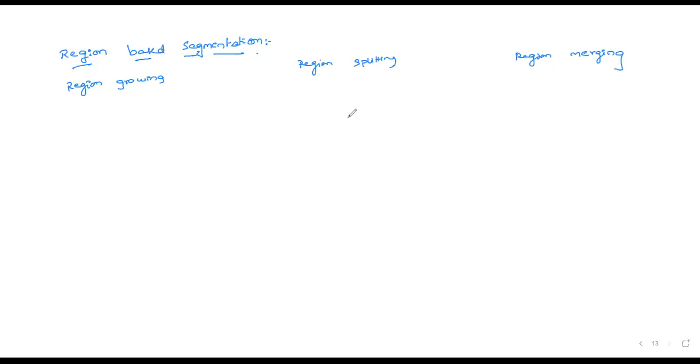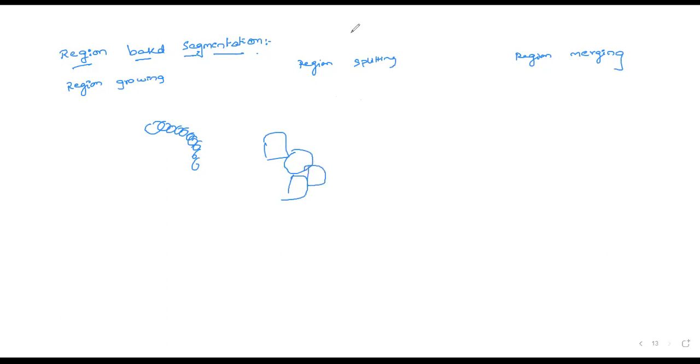So what is region growing? Region growing is nothing but combining the group of image regions. Means we are joining the sub images like this. So this is one region and we join one more region and one more region, like that we join the regions.